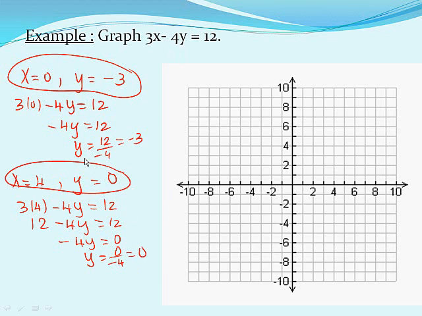So now we need to plot these points. X equal to 0, y equal to negative 3, which will be plotted up here. X equal to 4, y equal to 0. So therefore the point will be on the x-axis. Join these 2 points using a straight edge, getting the line.